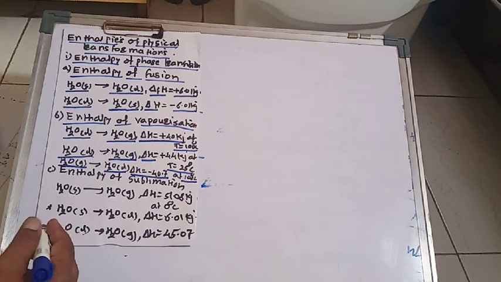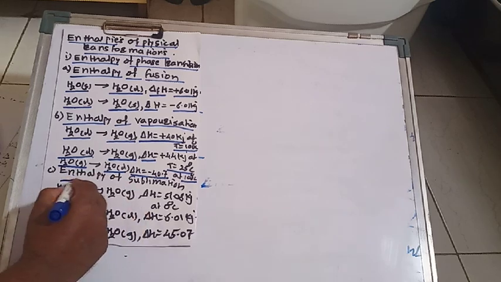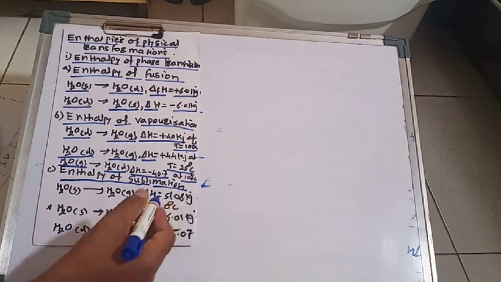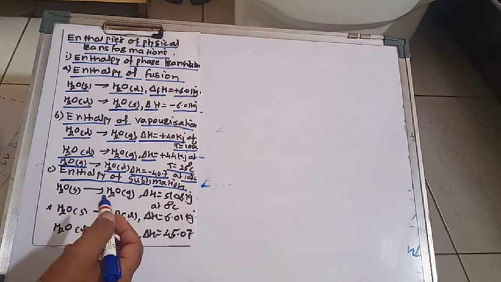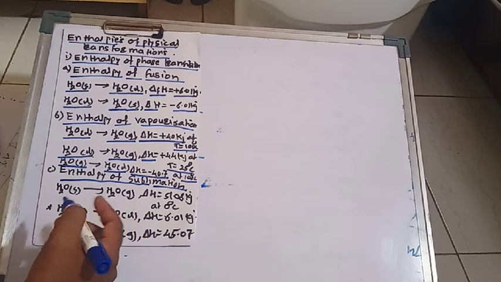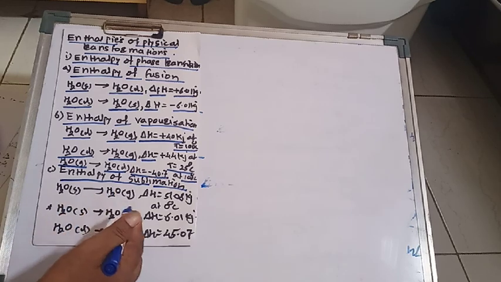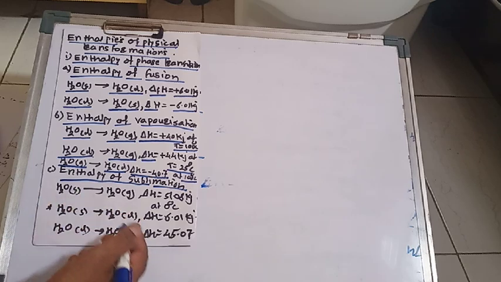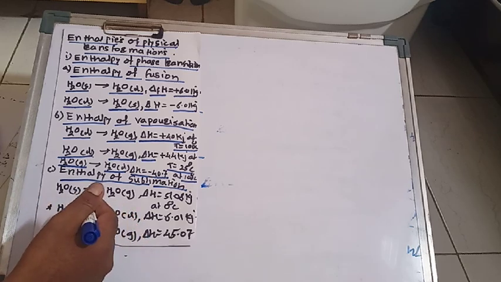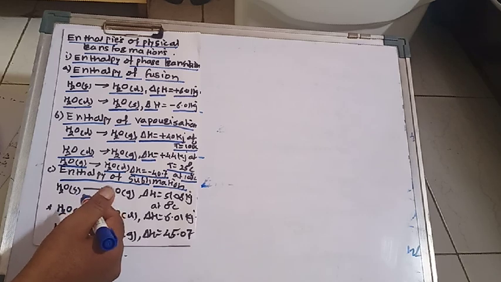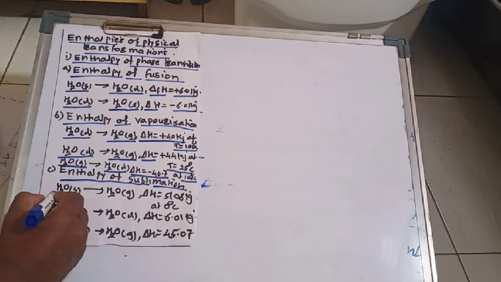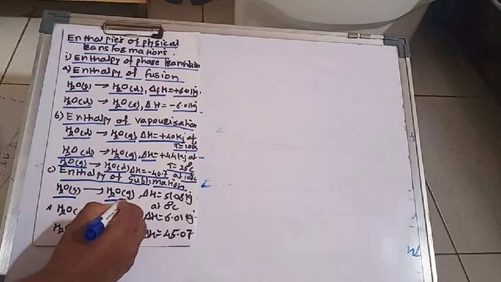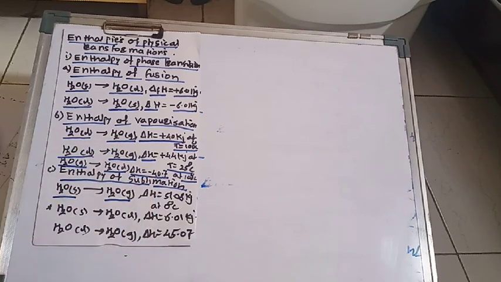Then enthalpy of sublimation. What is sublimation? The conversion of solid into gas without transforming into liquid. So it is the enthalpy change for conversion of 1 mole of solid directly into 1 mole of gas at constant temperature and pressure.